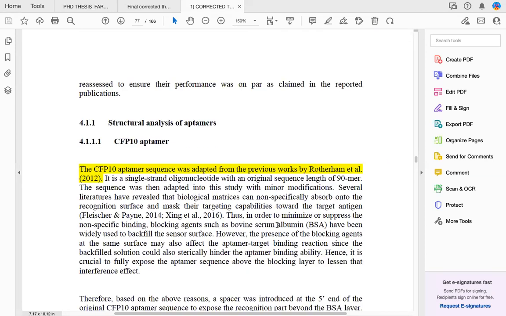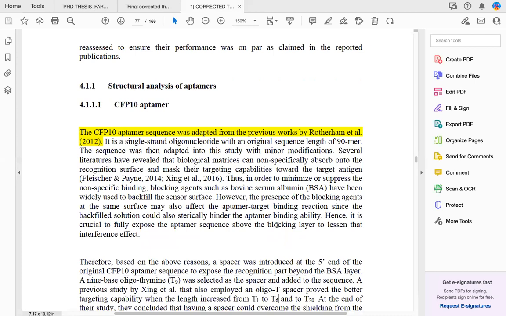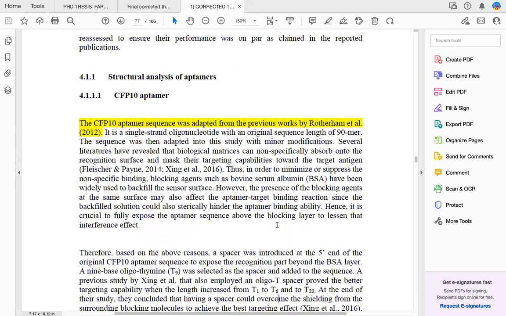He wants to highlight the biomolecule, so he started to talk about the biomolecule. This is not actually a result from an analysis, but it is very important for the reader to know about the biomolecule.